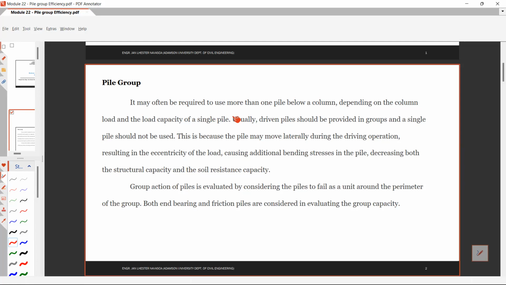Okay? So, kung naaalala niyo yung pinaggagawa natin, 'di ba? We determine the capacity with calculations, 'di ba? Yung calculations based on piles in sand versus piles in clays. Okay? Then we have also the pile load testing, okay, which has a requirement for the diameter and the length.